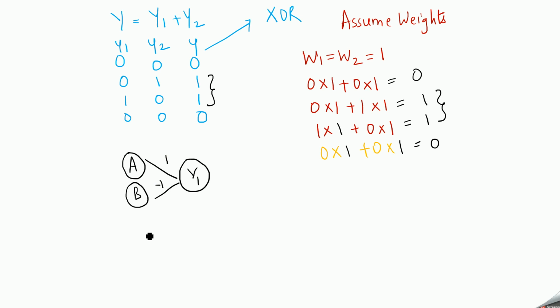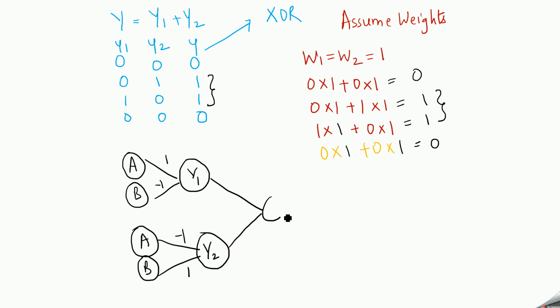And we have got A and B, which are the inputs, and this is y2, and this is once again given here, which is minus 1 and 1. Both of them, that is y1 plus y2, is basically giving you y.